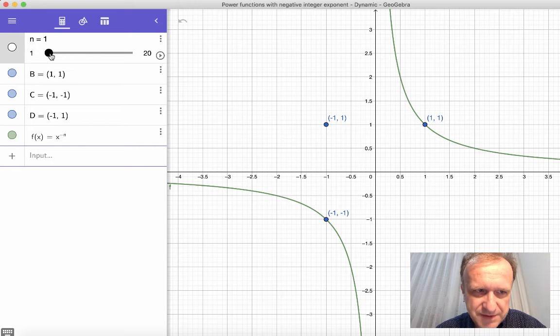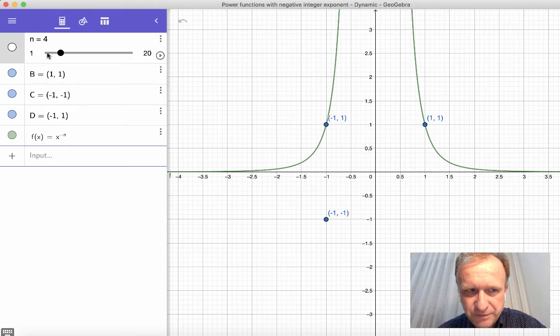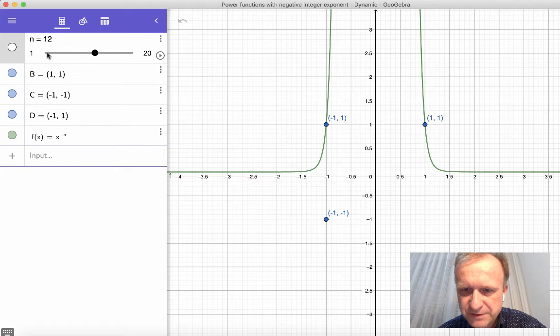And when I increase it to the value of 2, the graph changes and passes through these 2 points, and then I can increase it even further to 3, 4, 5, 6, 7, 8, 9, 10, 11, 12, and so on.